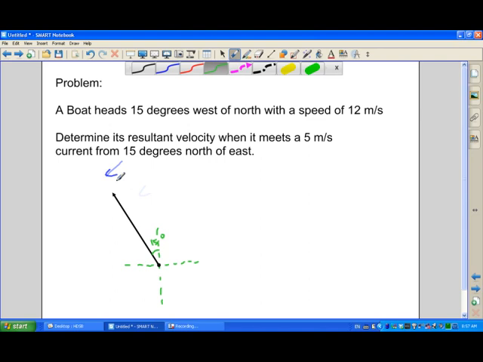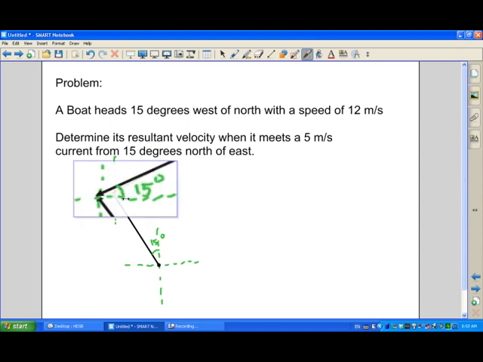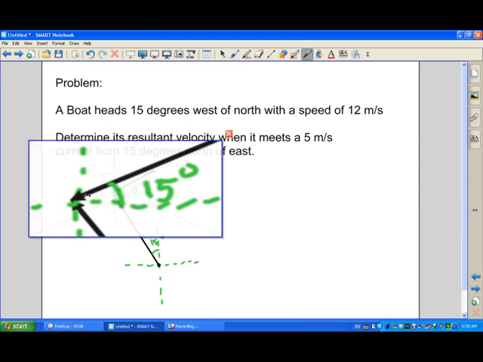So again, I'm going to draw in my set of axes to represent my compass. I can imagine this current acting on the boat, and it's meeting that boat at a 15-degree angle. Let me zoom in a little bit. I can see the vector head of my current is interacting with the vector head of the boat, and they're meeting at a 15-degree angle.